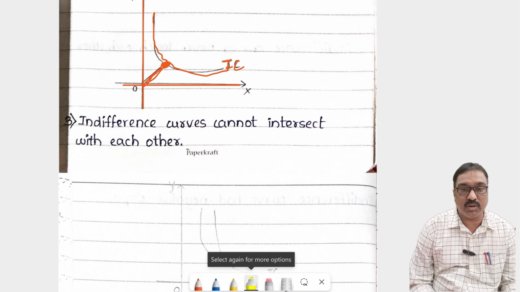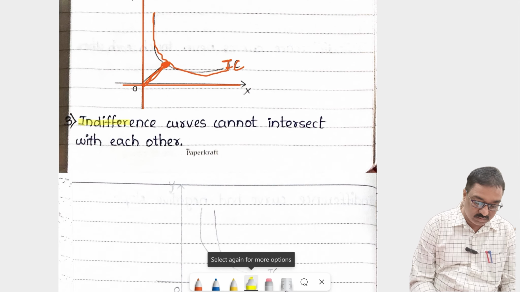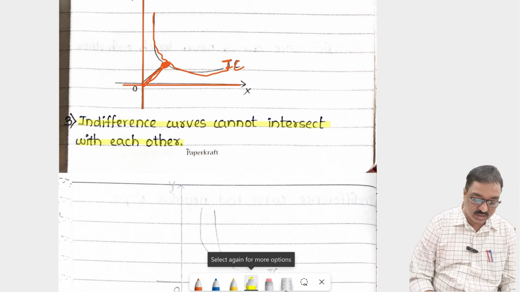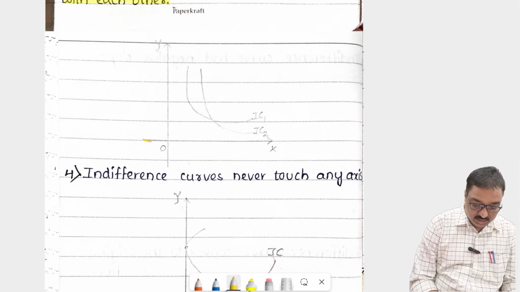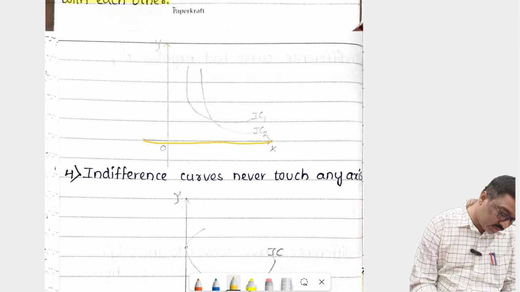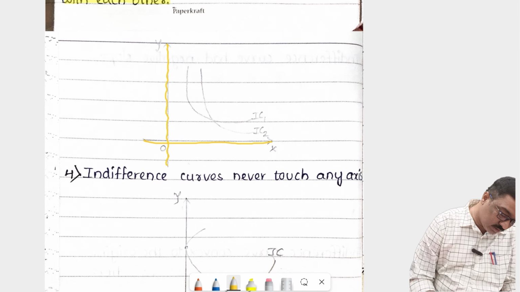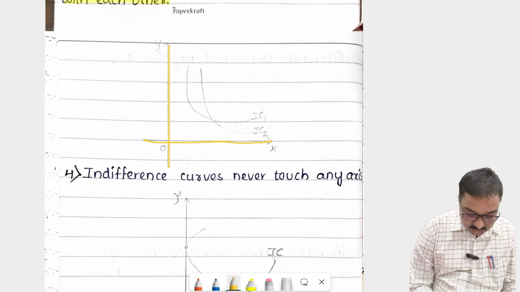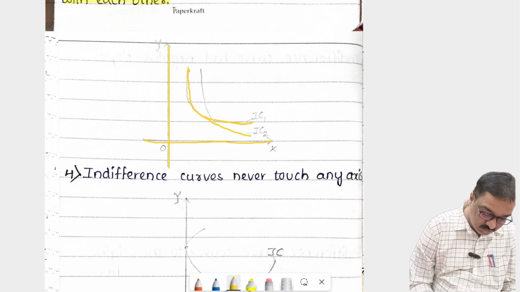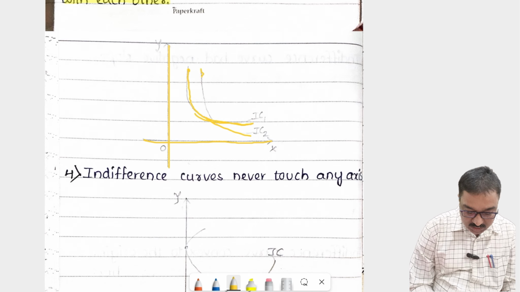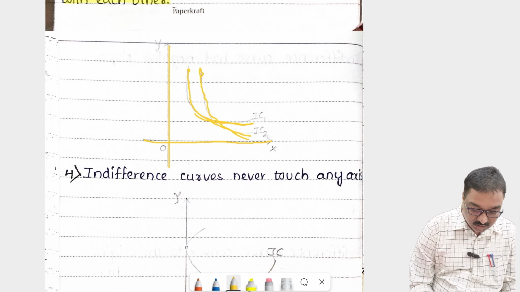The third important property: indifference curves cannot intersect each other. Listen here, this is the x-axis, this is the y-axis. Here this is the IC1 curve, and IC1 does not intersect the IC2 curve from above to below.